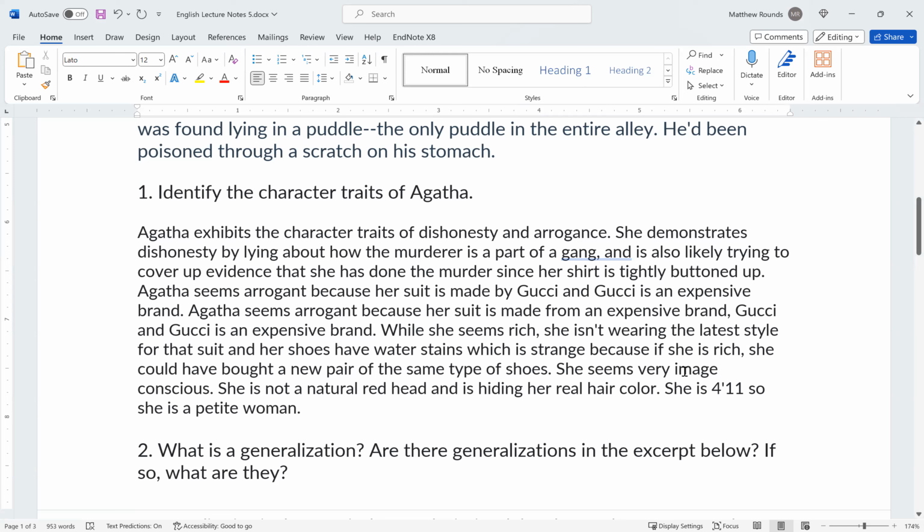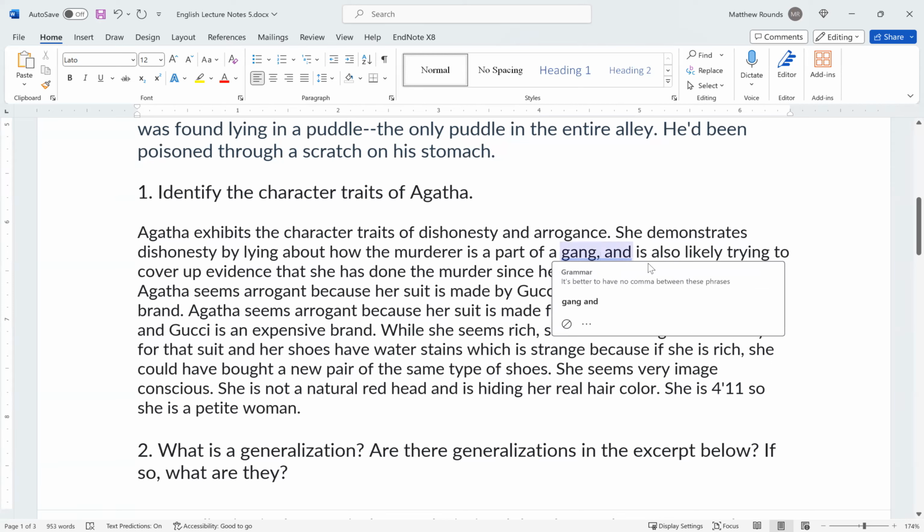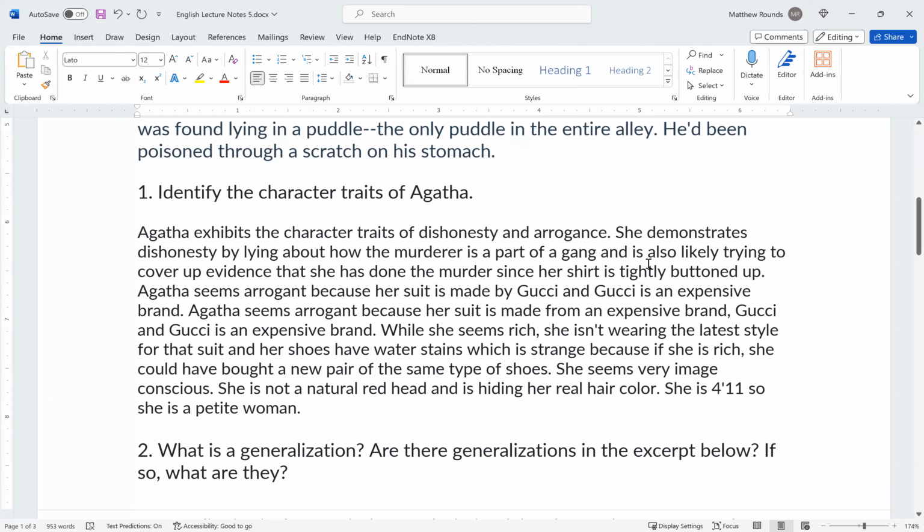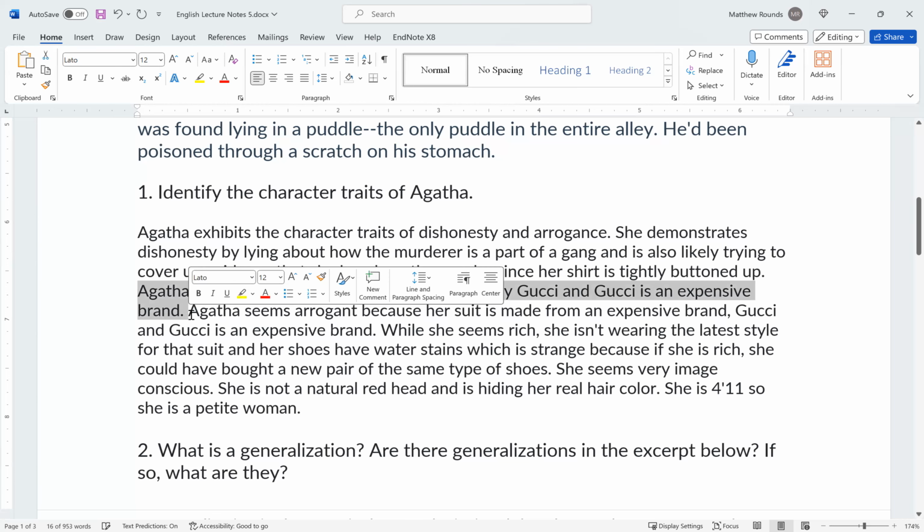If she is rich, she could have bought a new pair of shoes. Now there is a repeated sentence here.